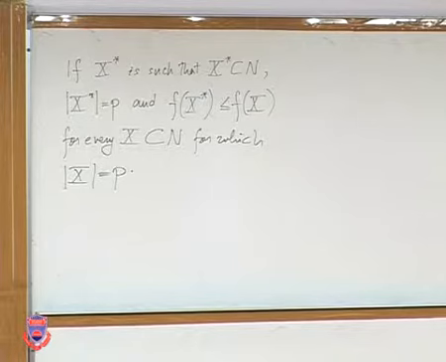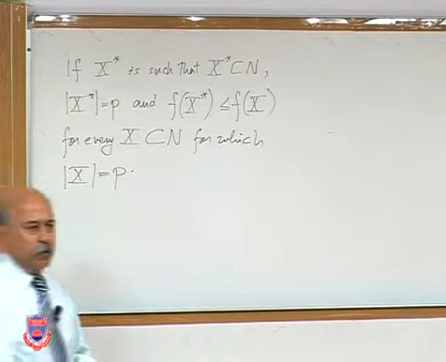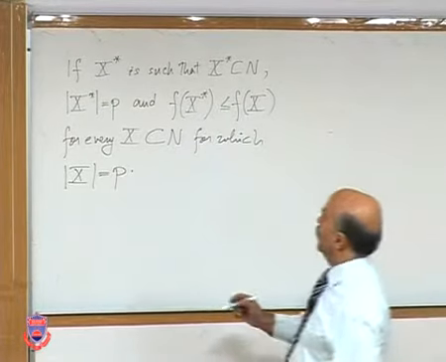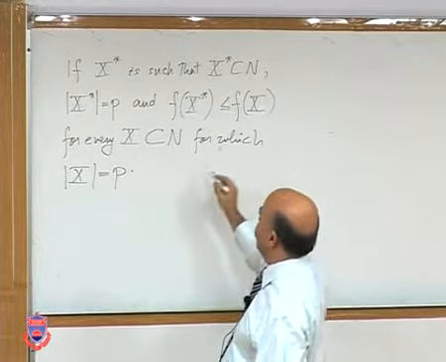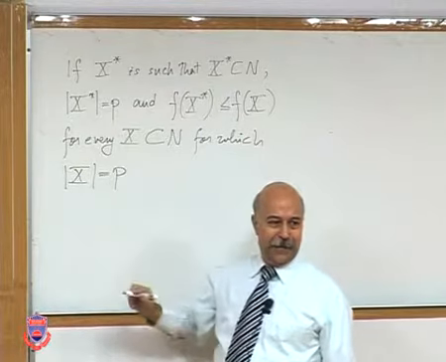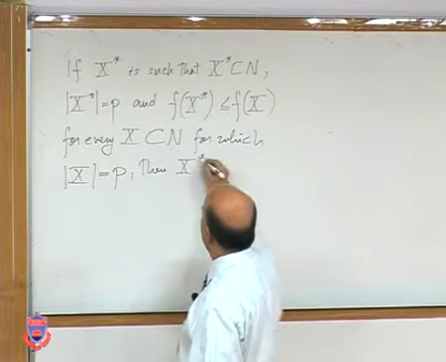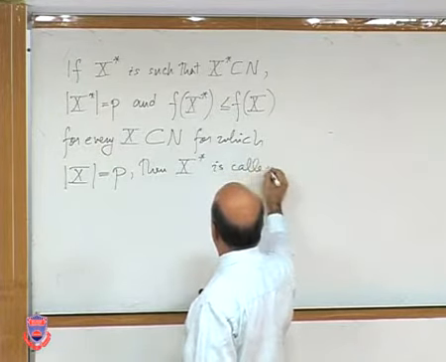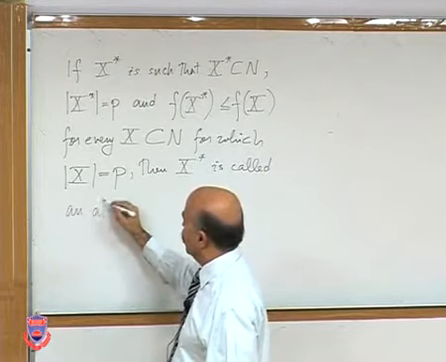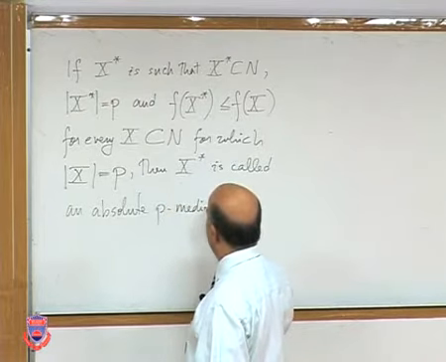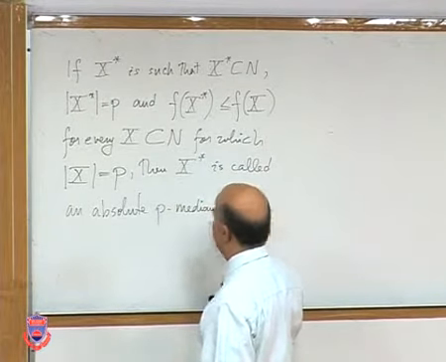So if you have a set of p points in the network, and if the objective function is the smallest it can be, then of course that's an absolute median solution. So if X star is such that, then X star is called an absolute p-median of N.